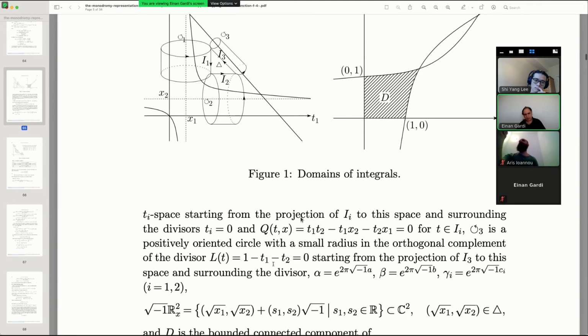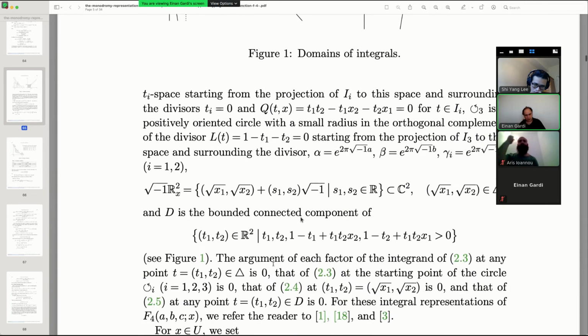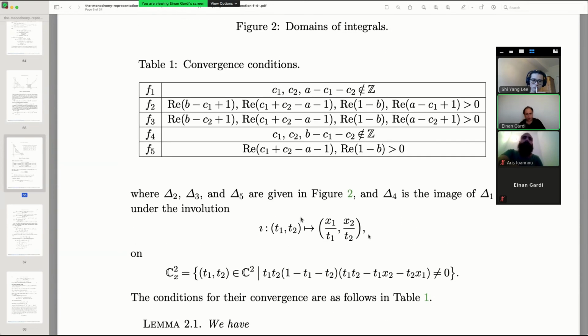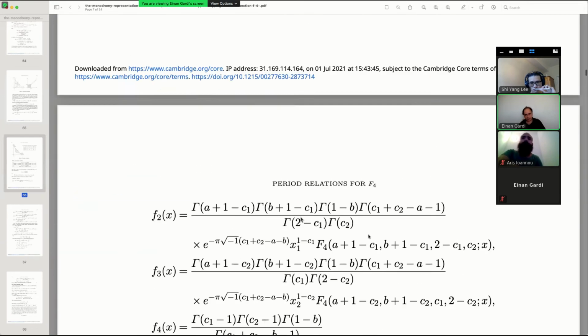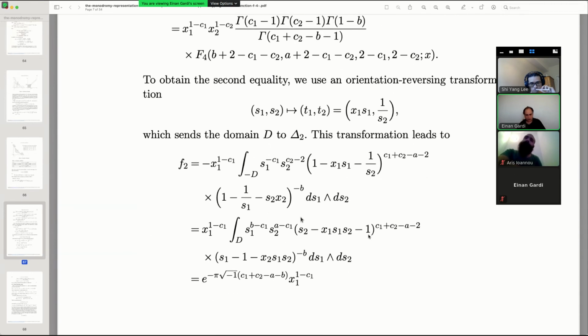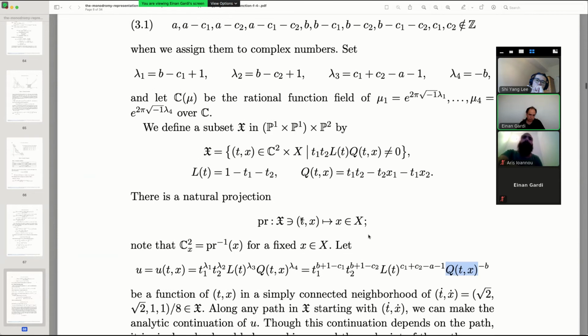So something interesting happens on the boundary of 5, when Q is 0. Clearly, there would be a branch point there. Now, we can try to understand what the branch point is in terms of the variables that we care about physically. So let's look at Q. Q is T1 T2 minus T2 x1 minus T1 x2.